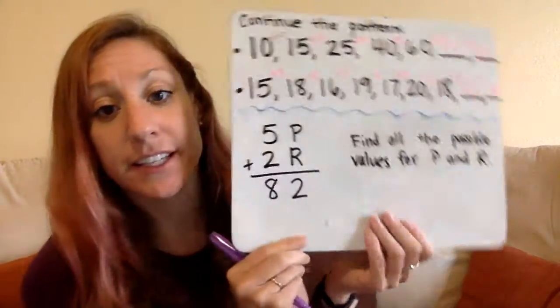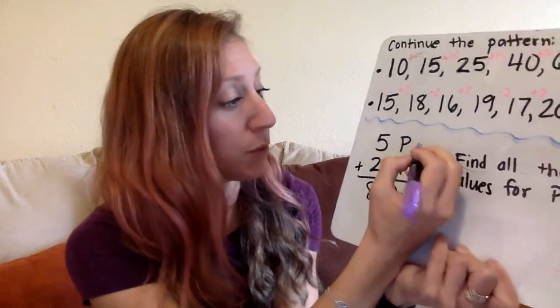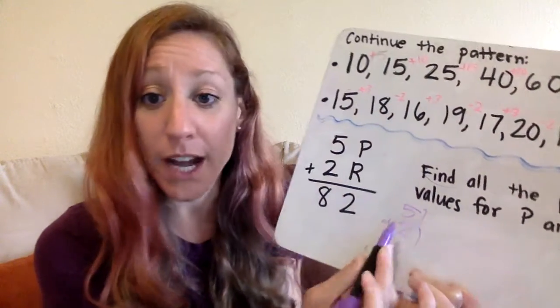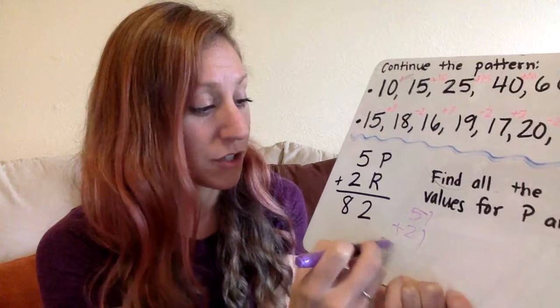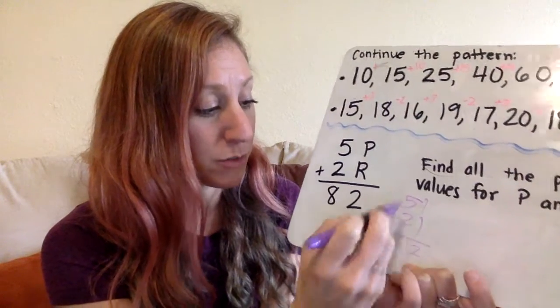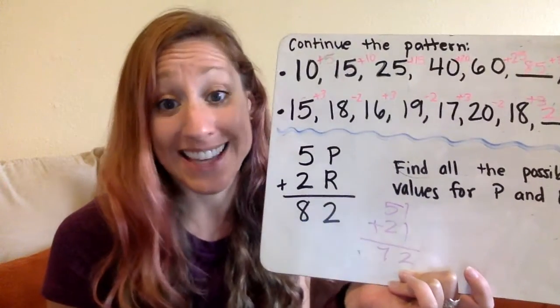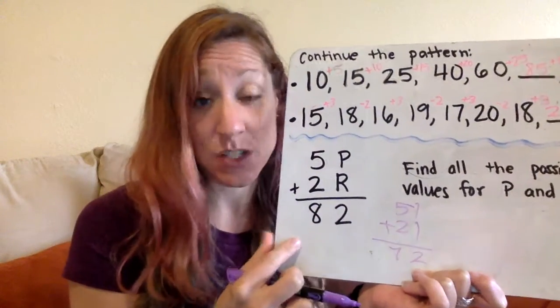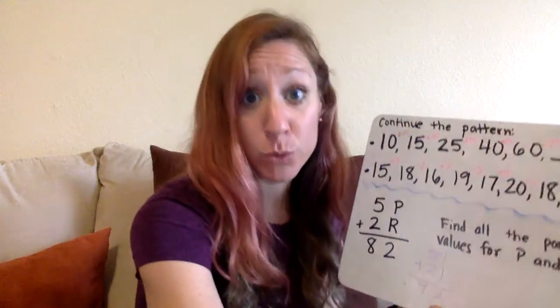All right, and below we have figuring out the values for P and R. Now the tricky part here you're gonna notice is if you tried 1 and 1 for P and R, 51 plus 21, because this ones place is a 2, you would end up with 2 1s and 7 10s. So we know, since this is 8 10s, we're gonna need to regroup.